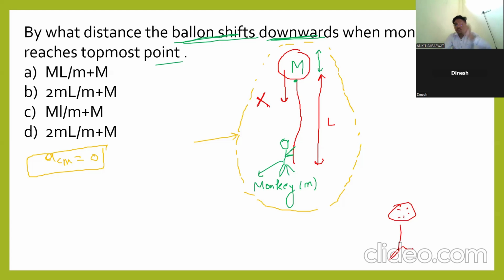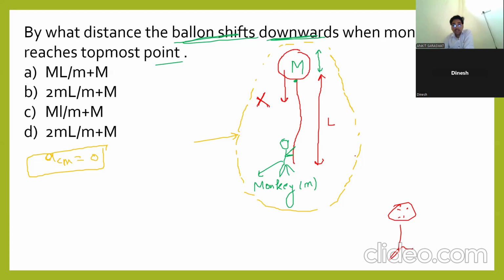It is not L because balloon is also coming down. Displacement will not be L. He will catch the balloon before. He will reach the topmost point before covering L. So it will not be L because balloon is also coming down.